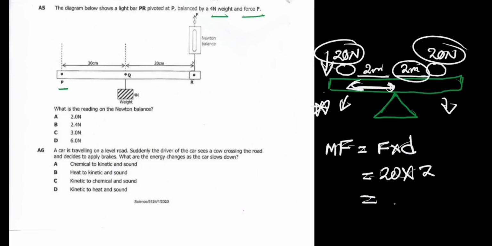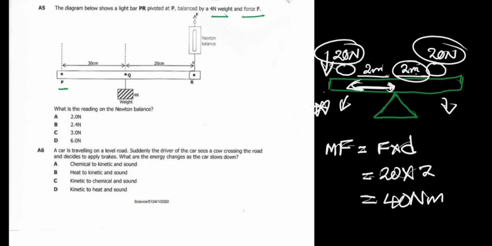Now, you can calculate the moment of force. So the moment of force is going to be given by force times perpendicular distance. So in this case, the moment of force on this side is actually force, which is 20, times distance, which is 2. So the moment of force in this case is going to be 40 Newton meter.